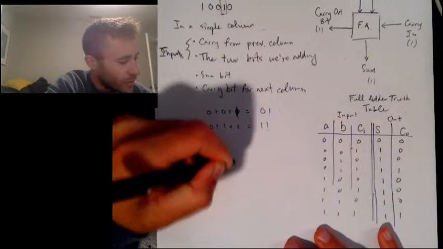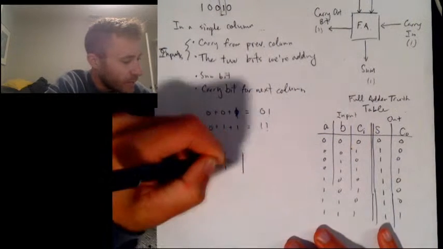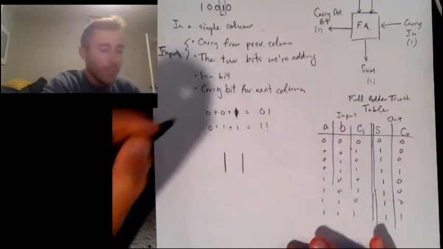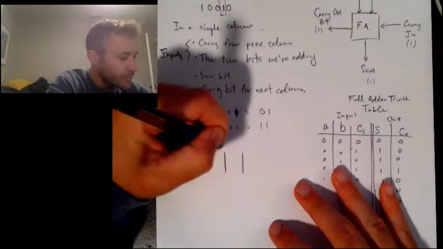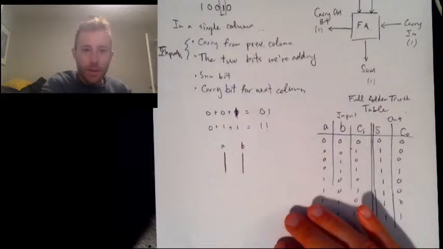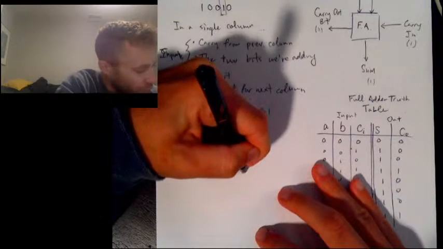So you have your two inputs, A and B, and they go into an XOR gate.